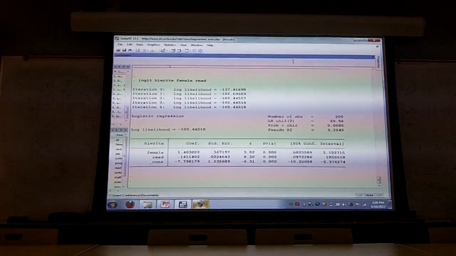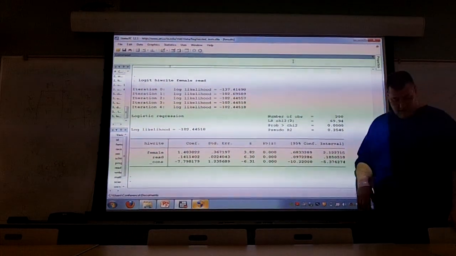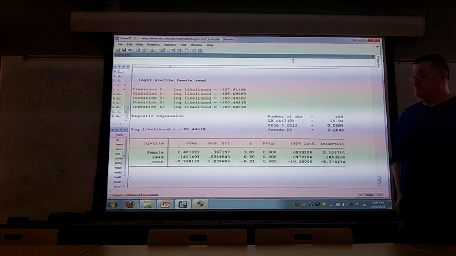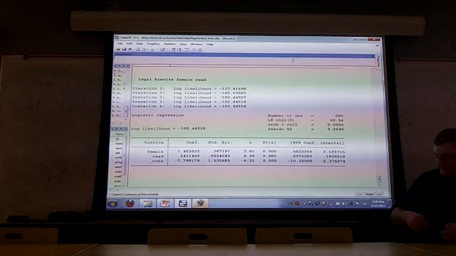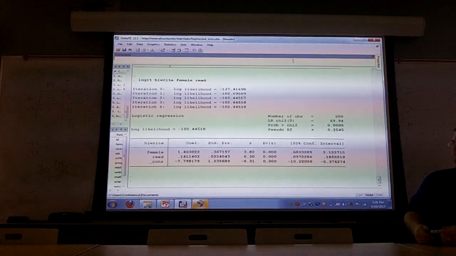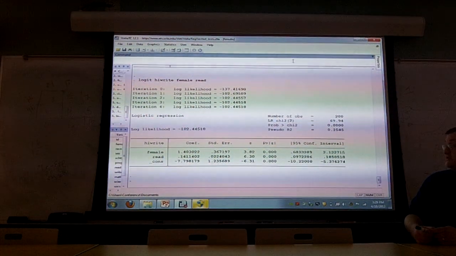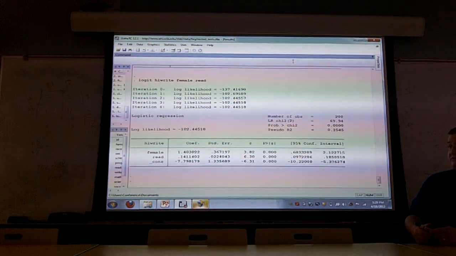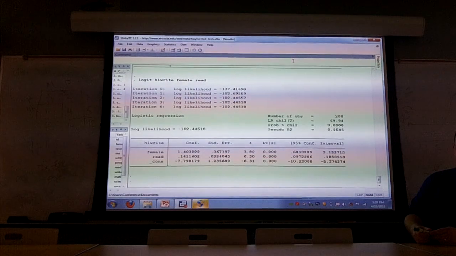Okay, so just for some practice here, looking at the coefficients, what can we say? You can tell a lot just by looking at the sign of the coefficients. Both positive.